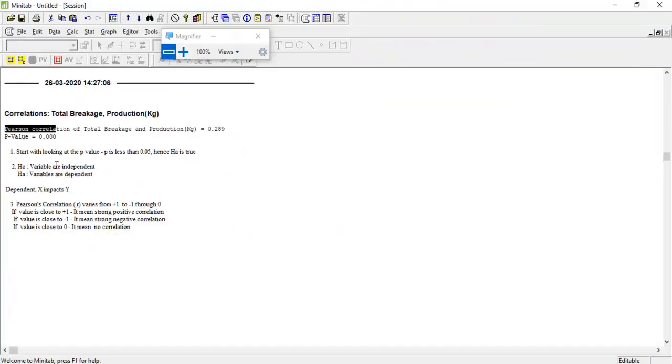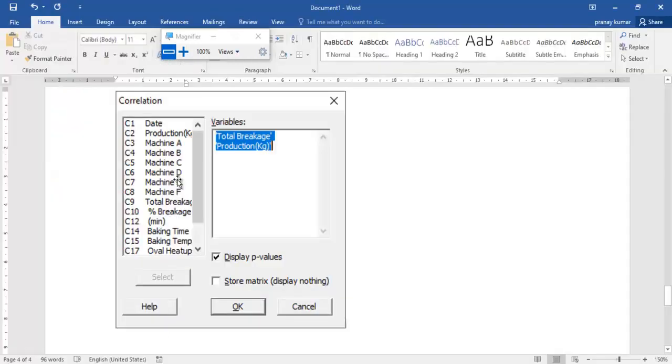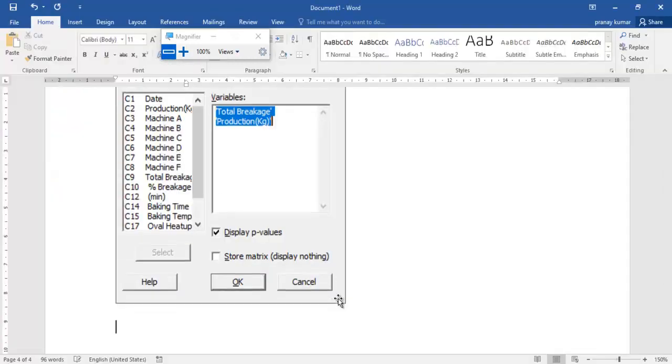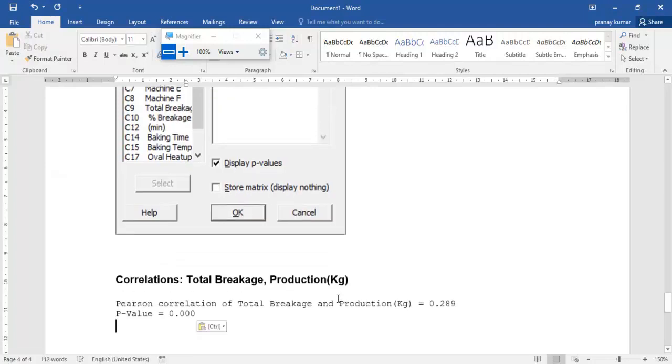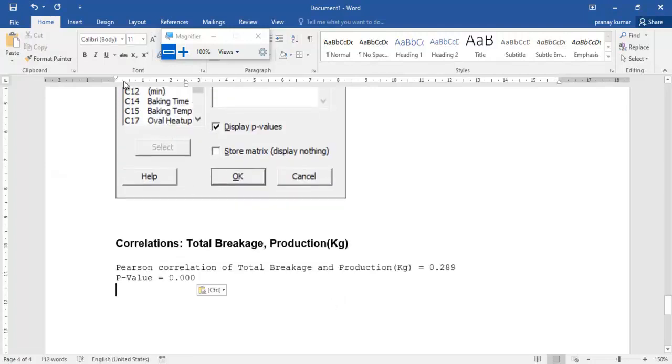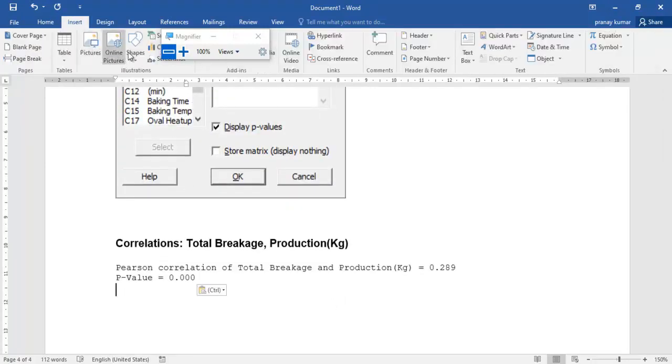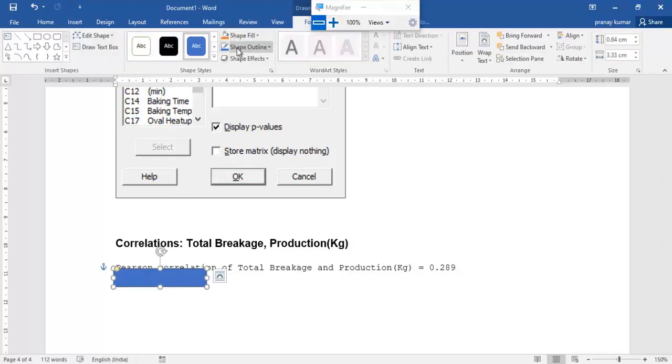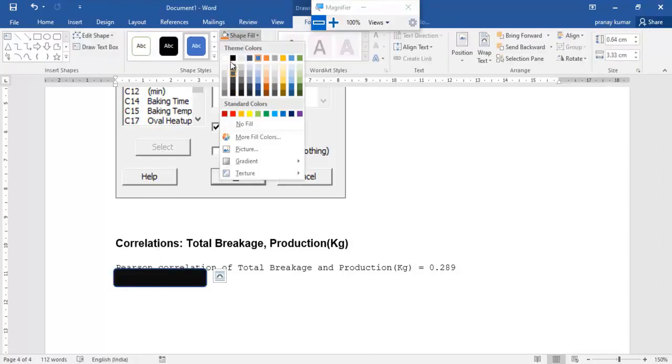I am only looking at understanding the test first. My test told me that my p-value is less than 0.05.